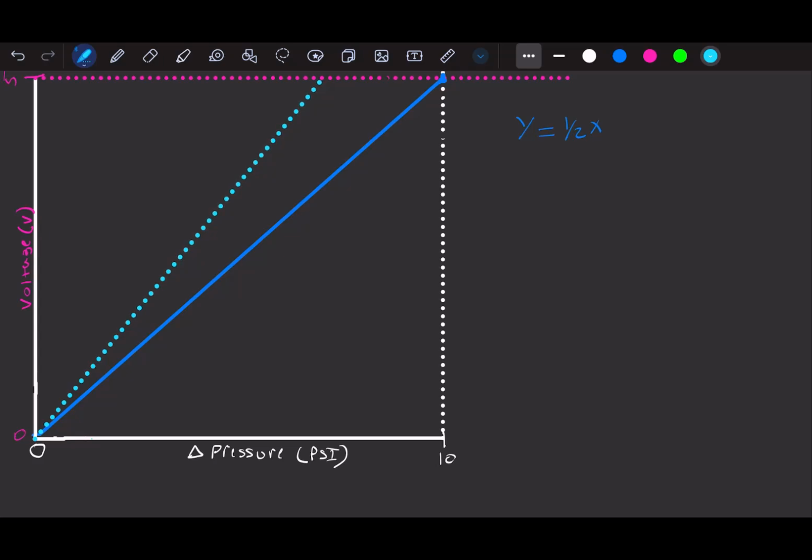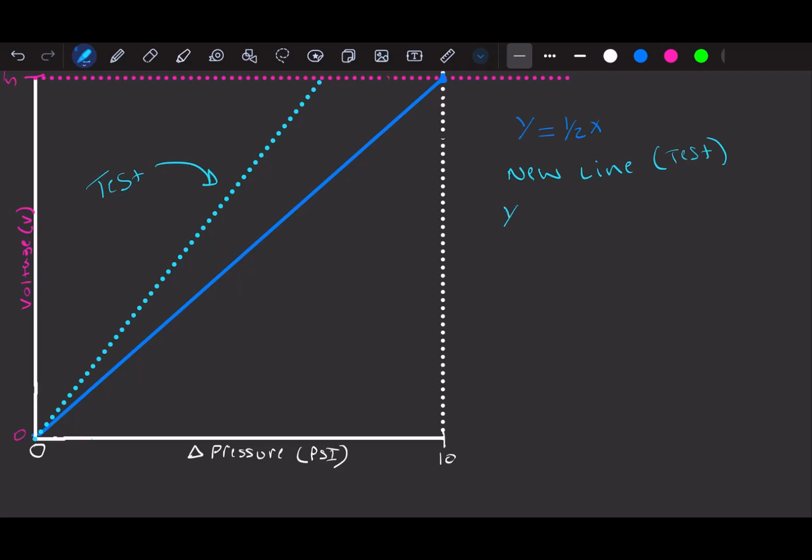Well, first thing that we can immediately notice is that for our new line, our test data, our test line, we have a different slope. I'm going to write this over here. Our new line, our test line, has a new equation for it.